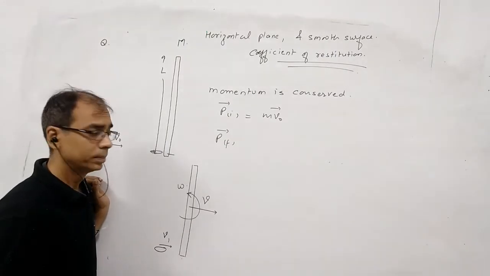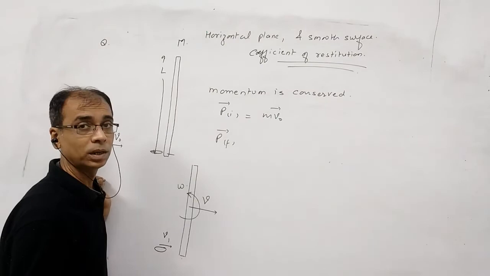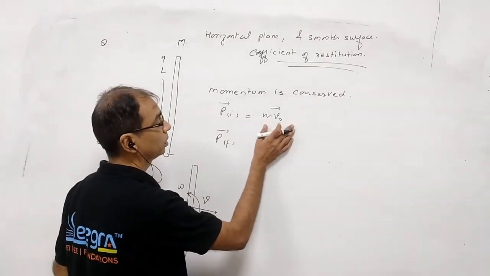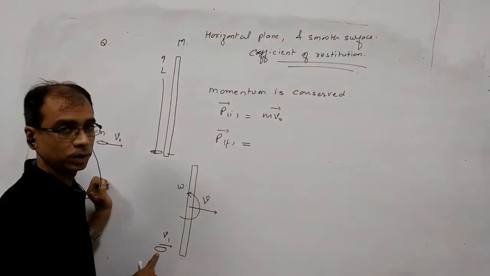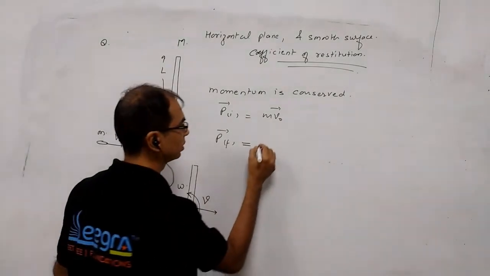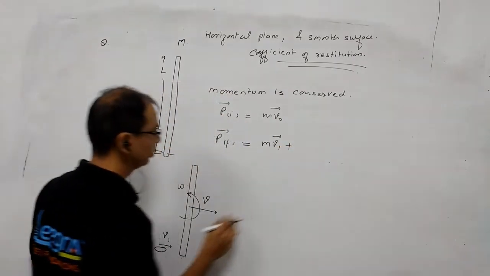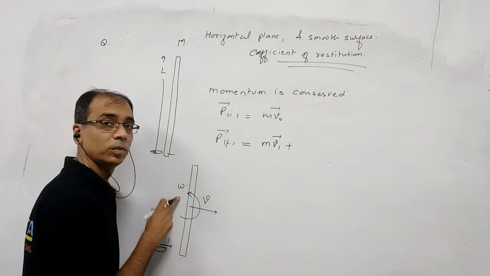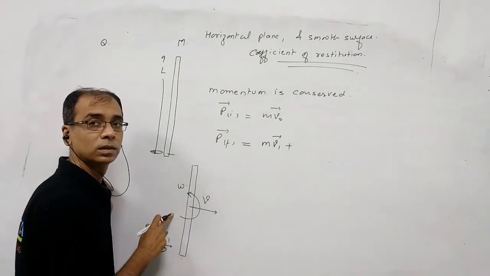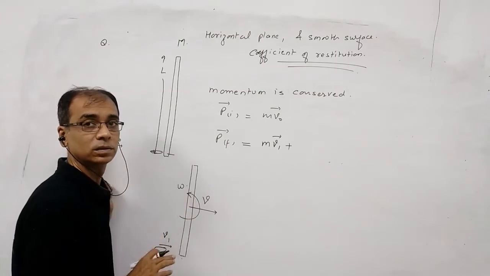Let's frame the first equation: conservation of momentum. Initial momentum is mv naught. Final momentum: for the bullet, mv1, plus the momentum of the rod. Angular velocity is omega. What will be the momentum of this rod? Mass into velocity of center of mass. That's all. Whose mass?